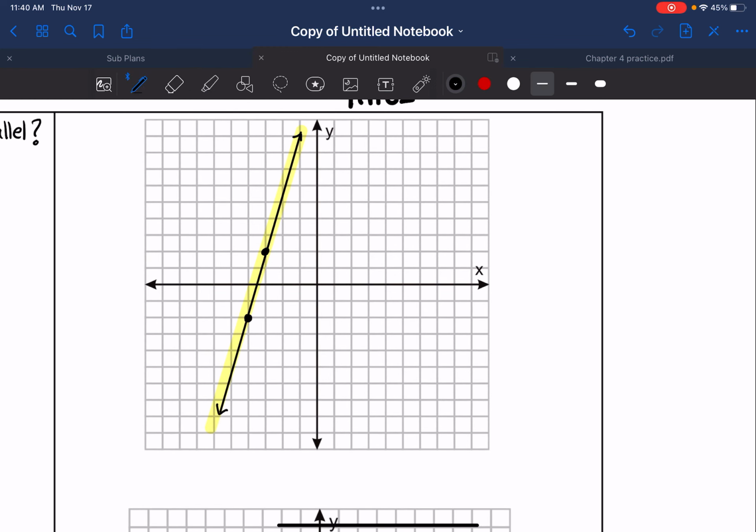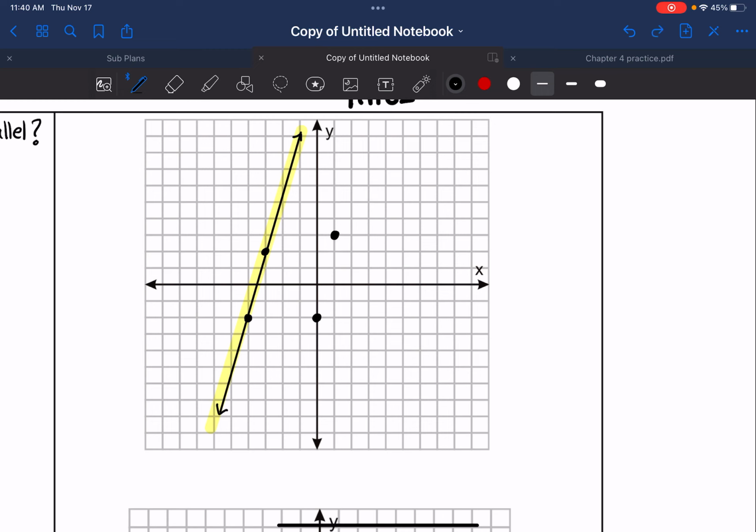Okay? Now we're going to put a second line on this graph. The second line, let's go ahead and start with this point. It's 0, -2. So go left and right, none, just down 2. So there's 1 point there. The next point is 1, 3. So you're going to go over 1, up 3. Do the same thing, take that ruler, try to make it go through both of those points.